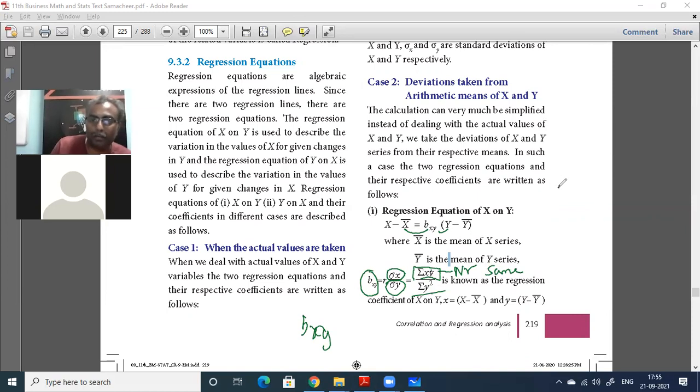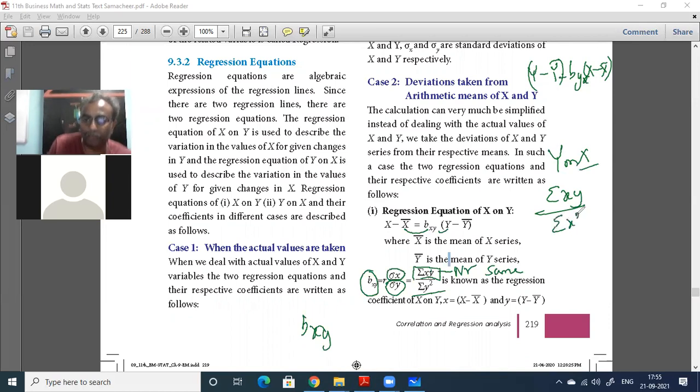If it is the other way around, if it is y on x, then the equation will become y minus y bar equal to b of y on x into x minus x bar. Therefore, y will be on top of x, and you will get sigma x squared at the bottom instead of sigma y squared.